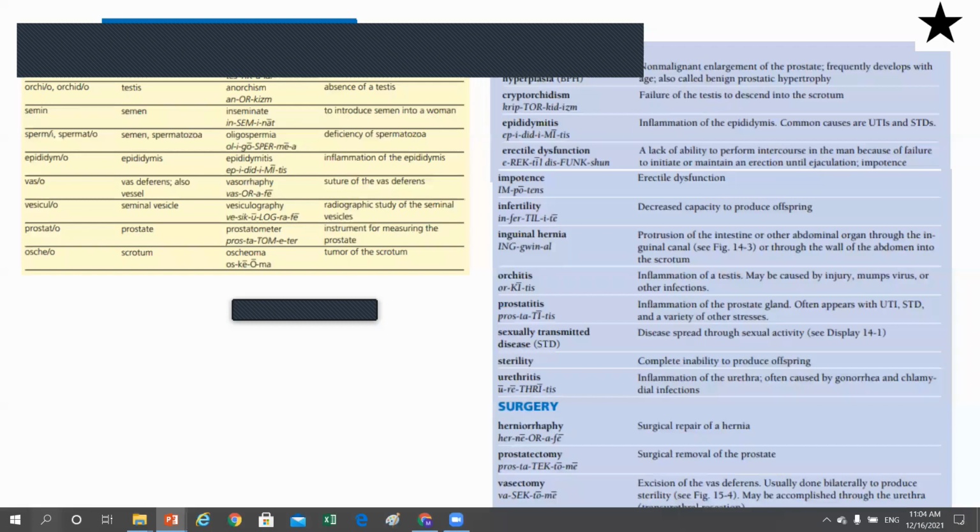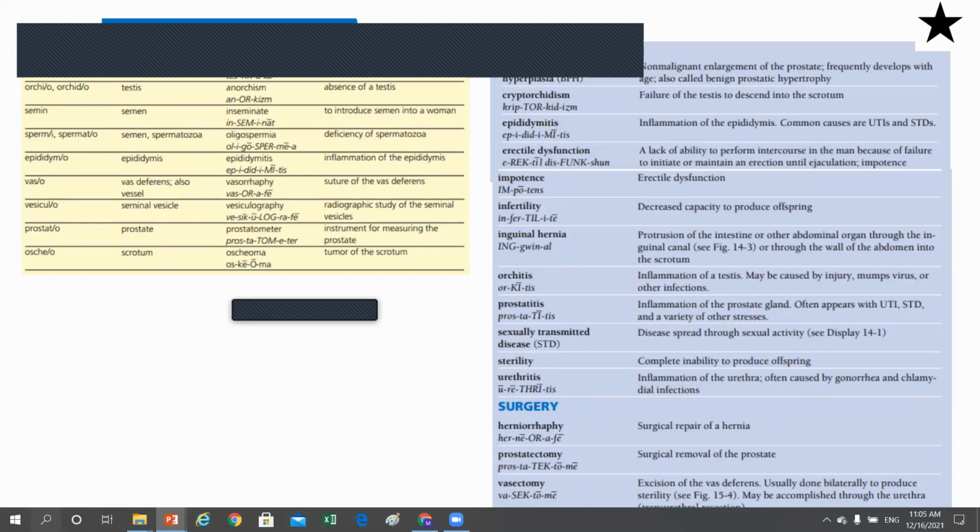Then we have prostatectomy, as we have seen before. If the prostate gland becomes cancerous or has benign enlargement, it will cause problems in urination. So we have to remove this gland. This is called prostatectomy. It can be done, for example, by opening the abdominal cavity and reaching the pelvis to remove the gland.